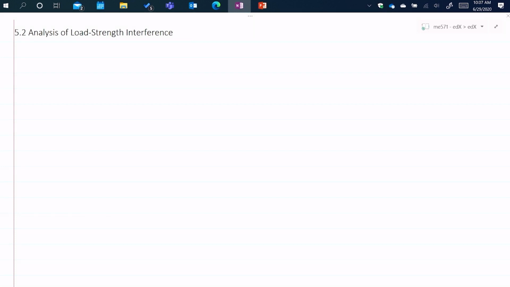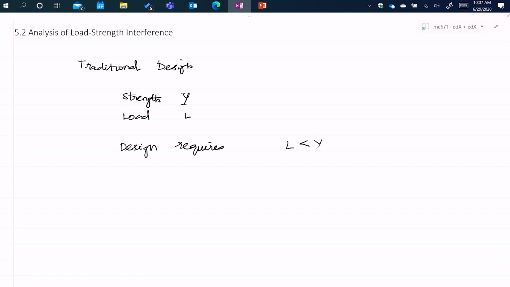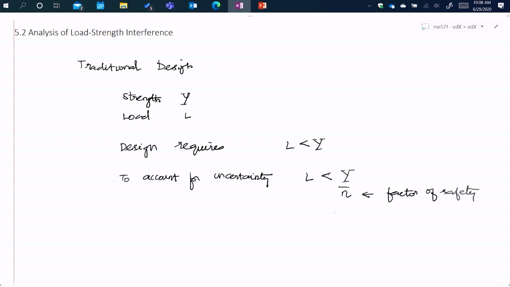So let's look at traditional design where load and strength are deterministic. Strength is Y and load is L. Design requires that L be less than Y. To account for uncertainty, we say that load should not be just less than strength, but it should be less than strength divided by a factor of safety N. This quantity N is what we call the factor of safety, and Y over N is what we call the allowable stress.